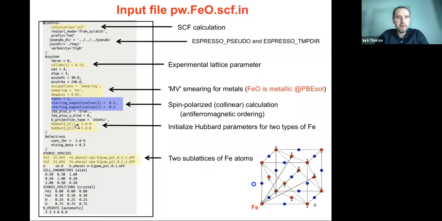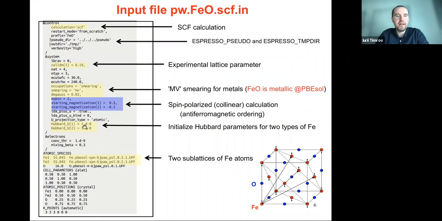And we specify two values of Hubbard U parameters, one corresponding to iron 1 and the second corresponding to iron 2. In this case, they are equal. But if you have, for example, a system which contains different elements from the periodic table, for example iron, nickel, cobalt, and other elements, of course each element needs a different Hubbard U correction.